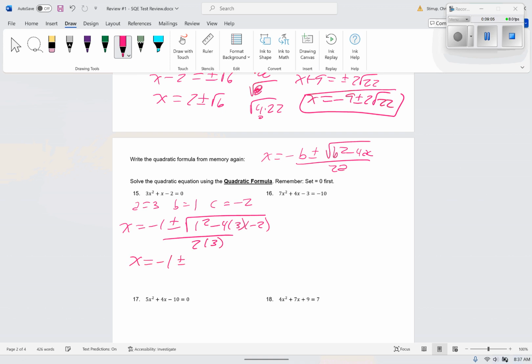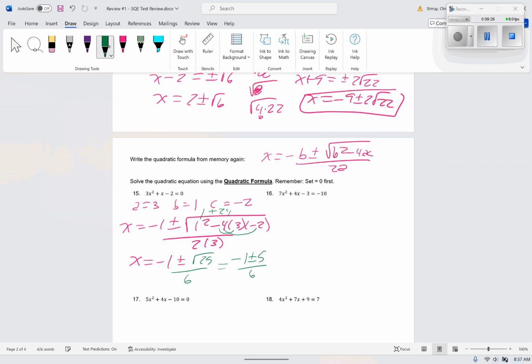All right, so that's going to give me 1 squared is 1. Negative 4 times 3 is negative 12. Negative 12 times negative 2 is positive 24. So that's going to give me root 25 over 6. Square root of 25 is 5.